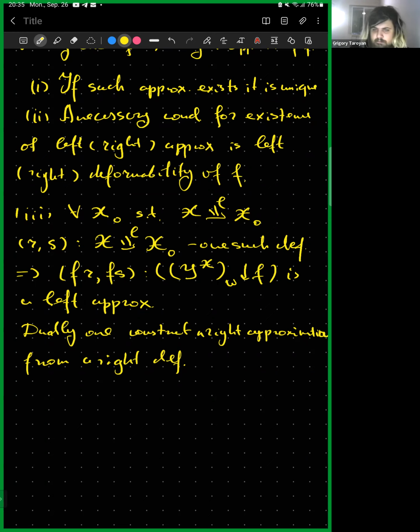Or even if it is, it's not necessarily true that, for example, a left approximation of a composition of deformable functors is a composition of approximations. However, we can give certain sufficient conditions which ensure that we can actually compose approximations and everything works smoothly. So let me give such conditions.